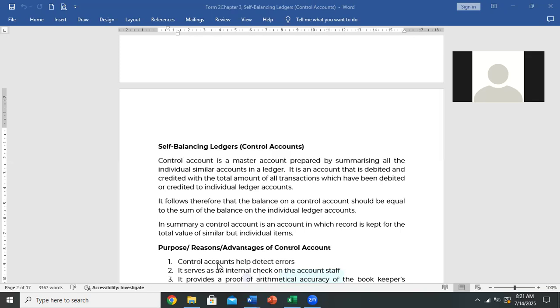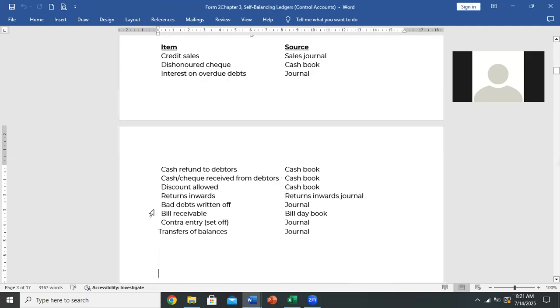I think we looked at the formats and the items that are used to prepare these accounts. So particularly on the debtors, we saw that amongst the items include credit sales, dishonoured cheques, discount allowed, all the items that affect the debtors balance of a business.